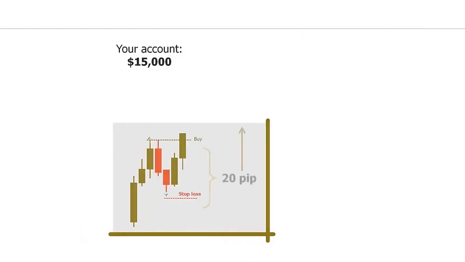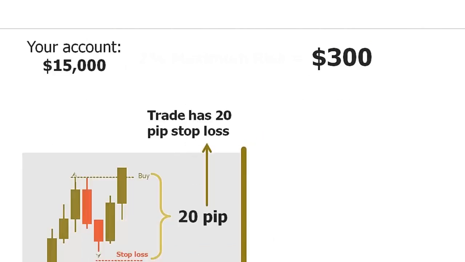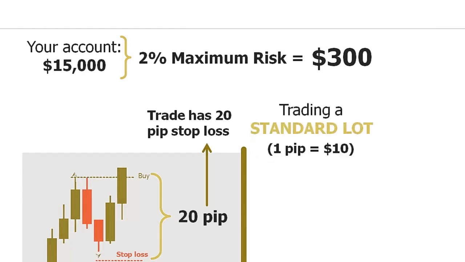Let's say that you have $15,000 and the trade you're about to take has a stop loss of 20 pips. We know that the total amount that we can risk is $300, because 2% of 15,000 is 300. We know that if we trade a standard lot, then each pip is worth $10. In order to trade a standard amount, you need to apply leverage with a $15,000 account.